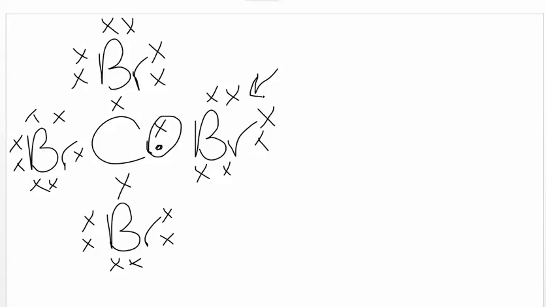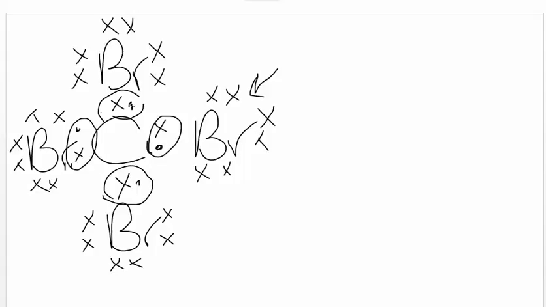Carbon has 4, so we're going to put one here, one up here, and one over here. And I'm going to circle those bonds. Those are covalent bonds. They're shared electrons. And I'm just using the different symbols to indicate where the electrons come from. So the X's are from bromine and the dots are from carbon.